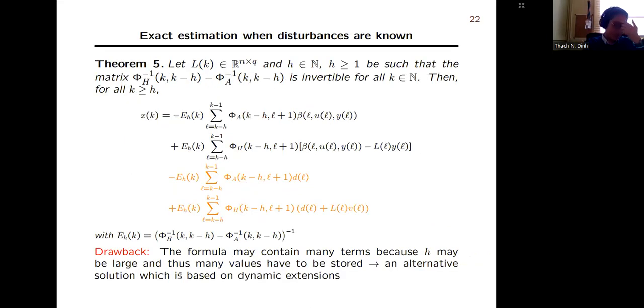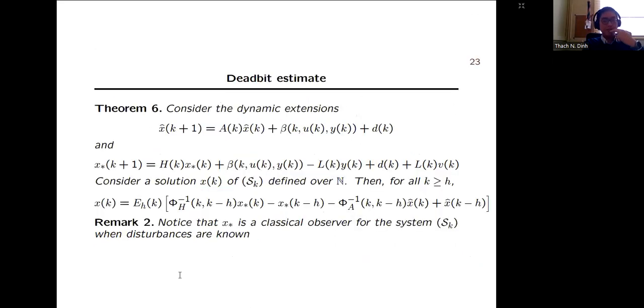With the same drawback, we replace some terms by two dynamic extensions, so we can compute the exact value of the state in the time varying case. Of course, if the system does not depend on time, we can replace phi S by S power k minus S.